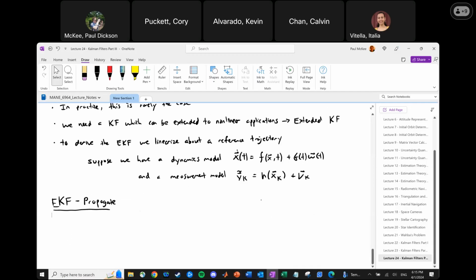So let's begin with this. What is the expected value of the derivative of the state?